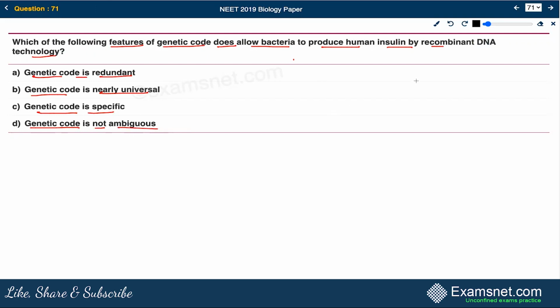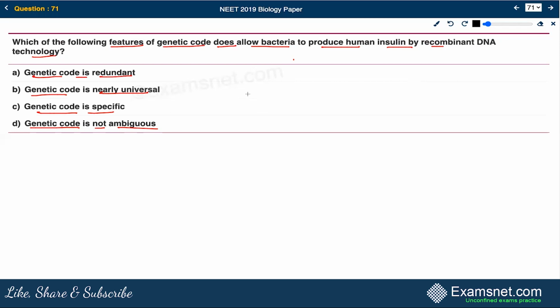Now, for a bacteria to undergo the process of recombinant DNA technology for producing human insulin, the very first and foremost important thing required in a genetic code is not to overlap. The important feature of genetic code is that it doesn't overlap.